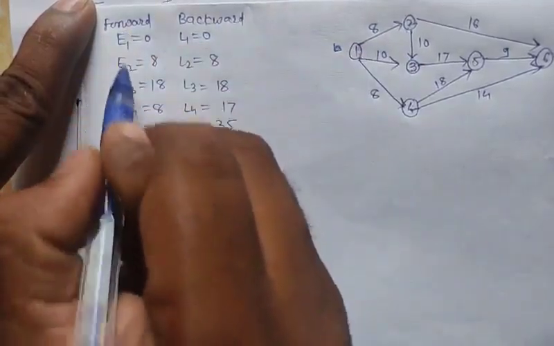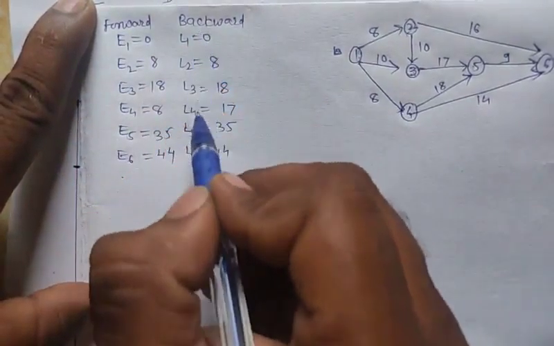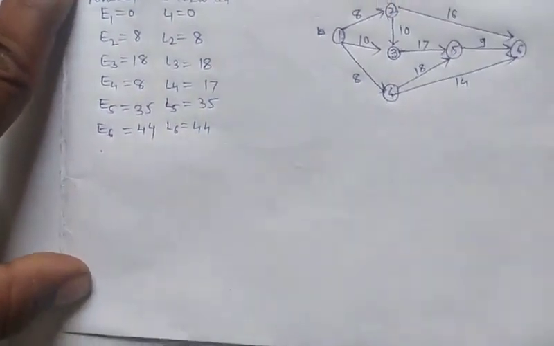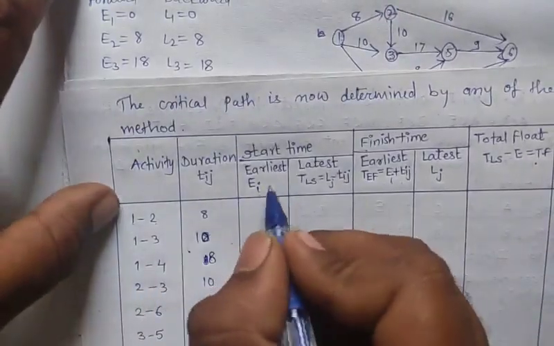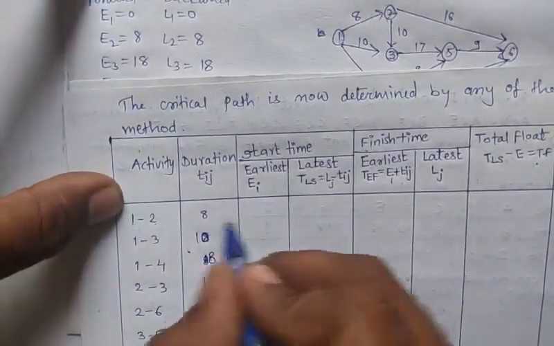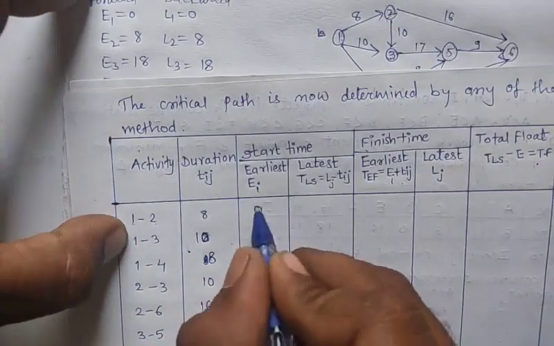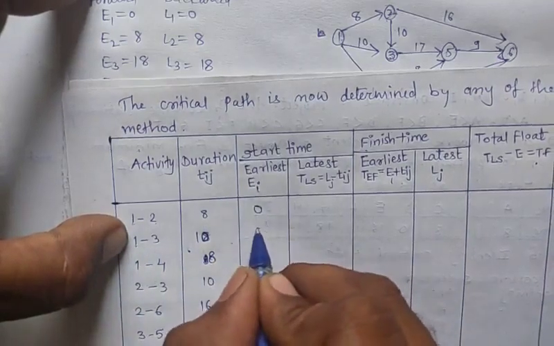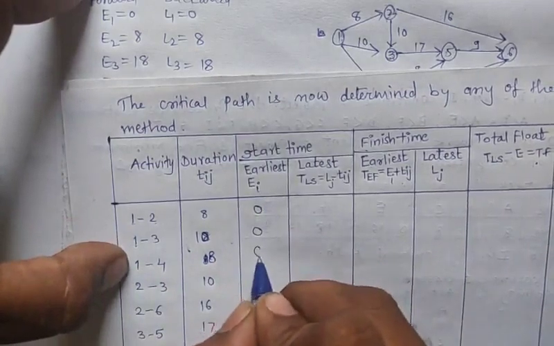So this is E1, E2, E3, E5 and E6, and so on. This is L1, L2, L3, up to L6. So here the earliest start, EI, the value of E1 is 0, again 0, and again 0.